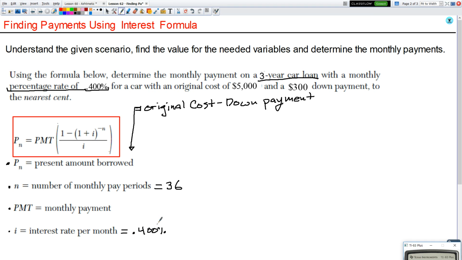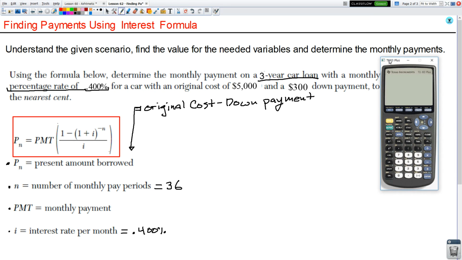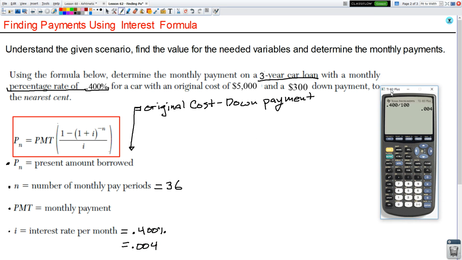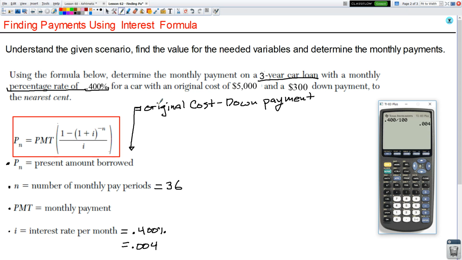We need to convert this into decimal form. So we have 0.400, we need to divide it by 100 to make this into a decimal. So that means that this is equal to just 0.004.